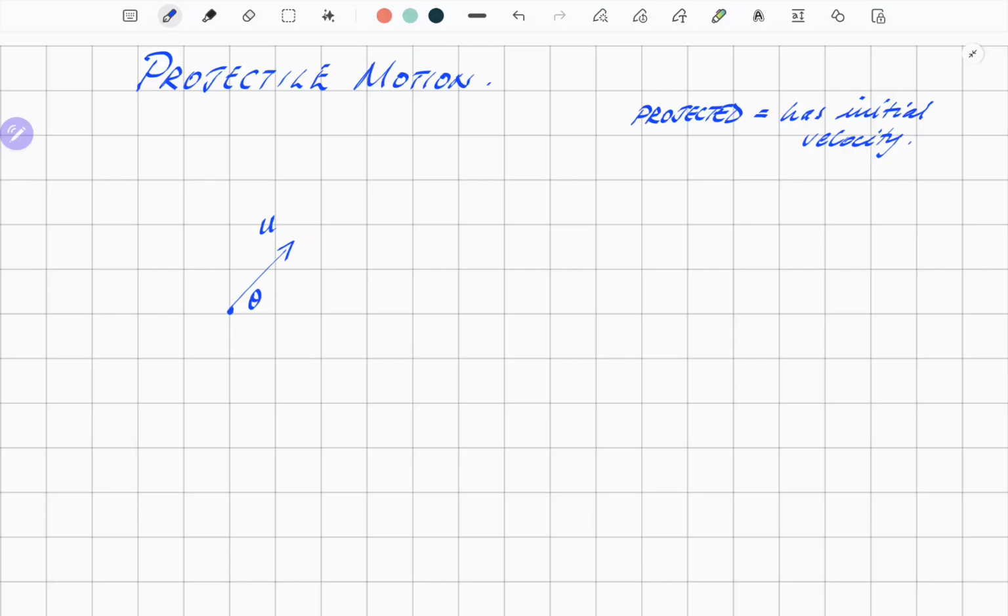If something is allowed to drop or is released, it means there's no initial velocity. Initial velocity is 0, so u equals 0 in that scenario, all right?